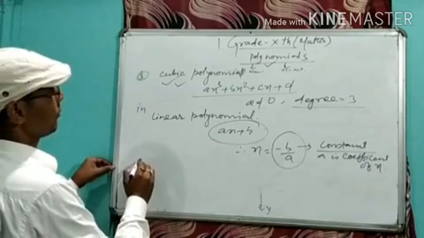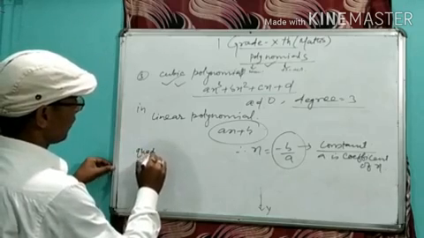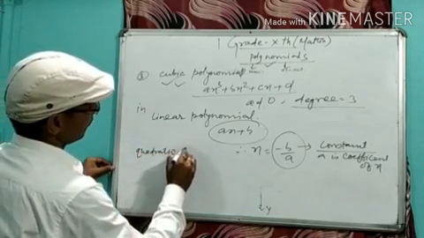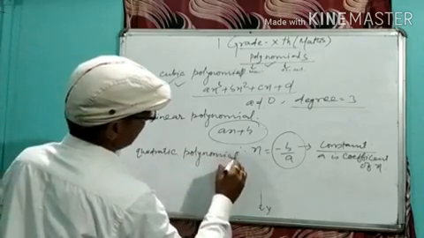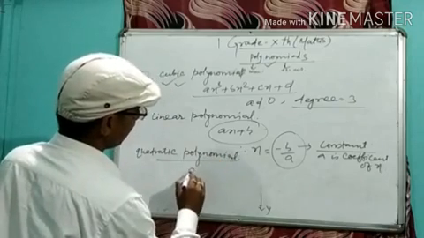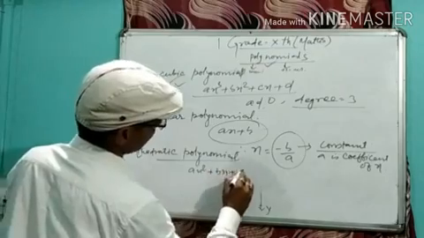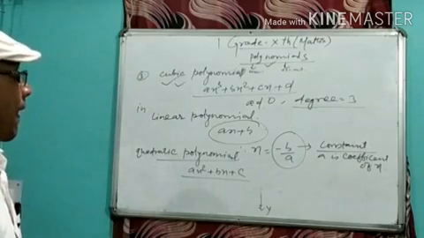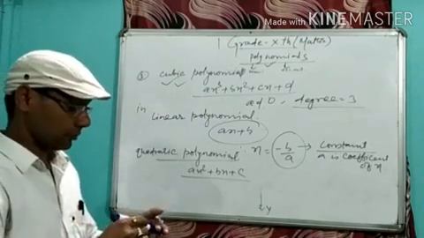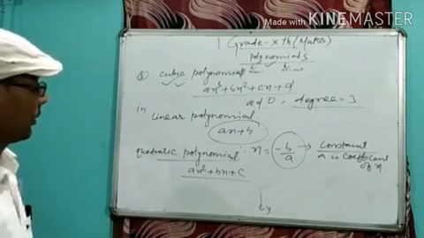This is the relation of the zeros in a quadratic polynomial. You know the general form ax square plus bx plus c is a quadratic polynomial. It has two factors.